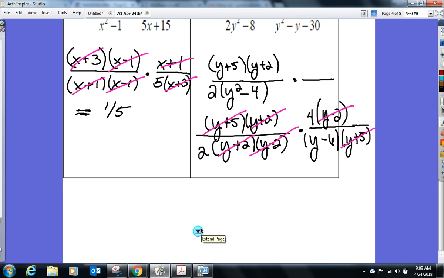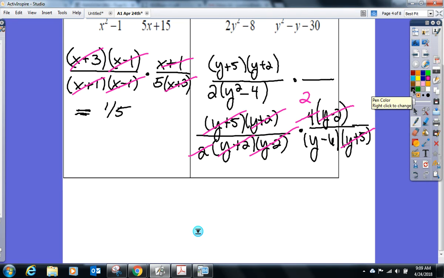Just don't think, and this is a good point here, just don't think it's anything in parentheses. You can get rid of the 4 and the 2 and be left with what? Numerator or denominator? Numerator, yes. So now what am I left with on the top? A 2. And on the bottom, y minus 6.